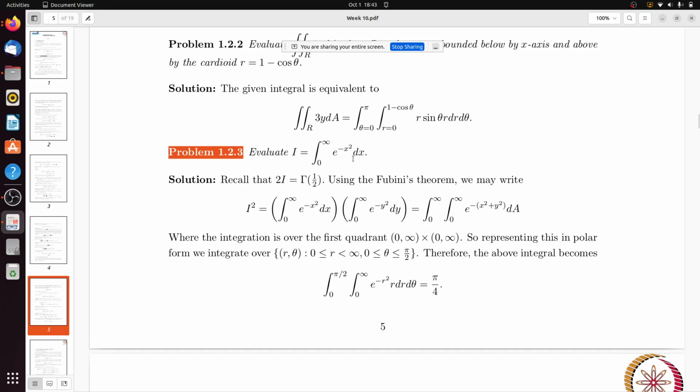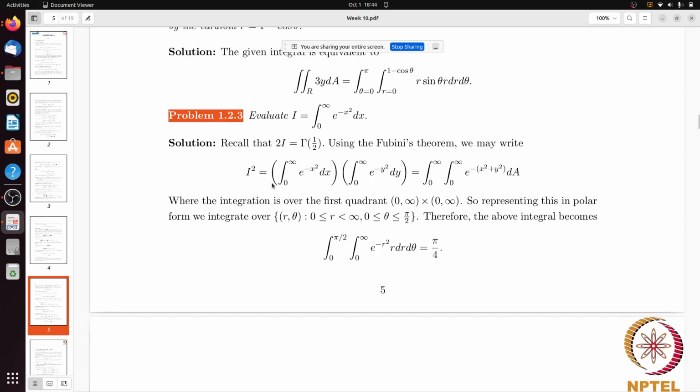Now we will prove that we have to evaluate I equal to integration 0 to infinity e to the power minus x square dx. Using Fubini's theorem we may write I square equal to I into I, that is integration 0 to infinity e to the power minus x square dx times integration 0 to infinity e to the power minus y square dy.